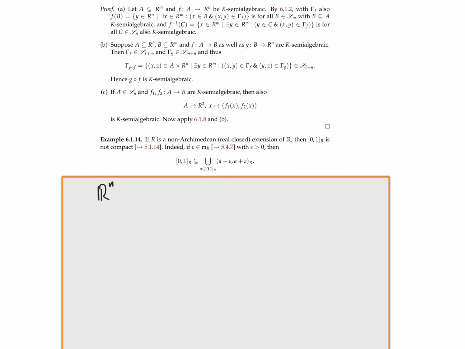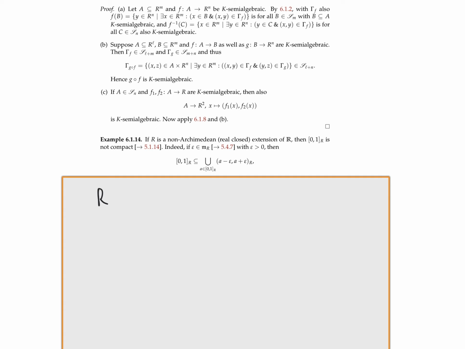So our topological definition of compactness is just as good as the freshman's definition of compactness in this special case. But now if we go, instead of real numbers, to an arbitrary real closed field, since we have now defined a topology on this real closed field, the order topology, we have a topological definition of compactness of subsets of R. And what we want to show here is that this topological definition is perhaps not so useful.